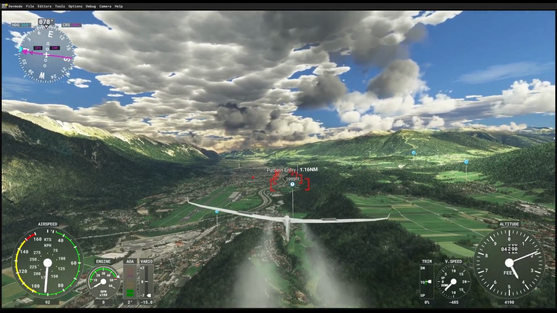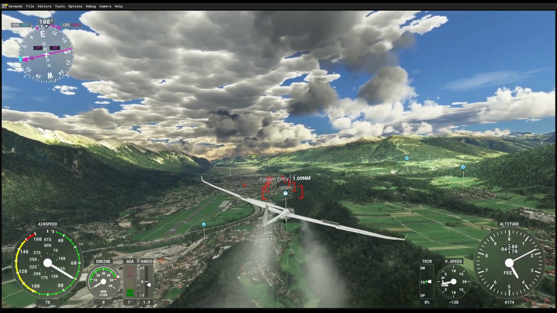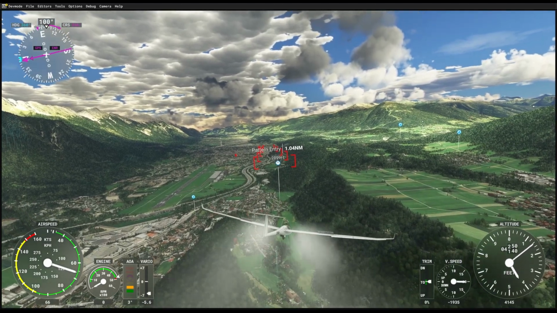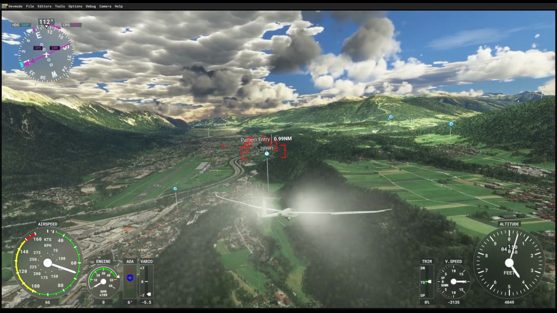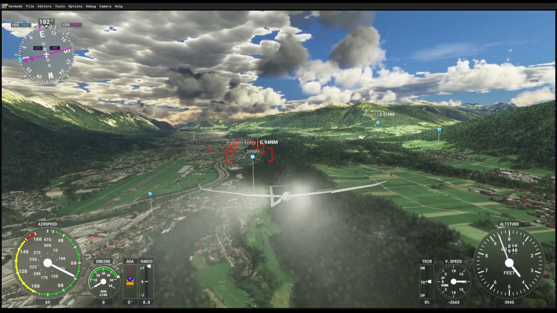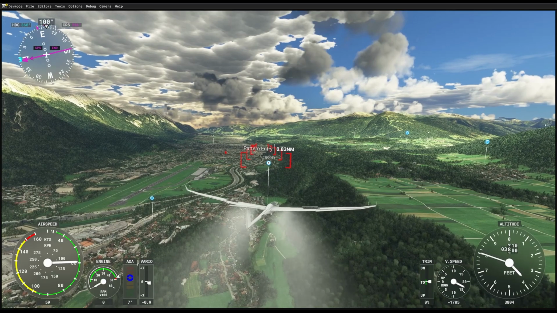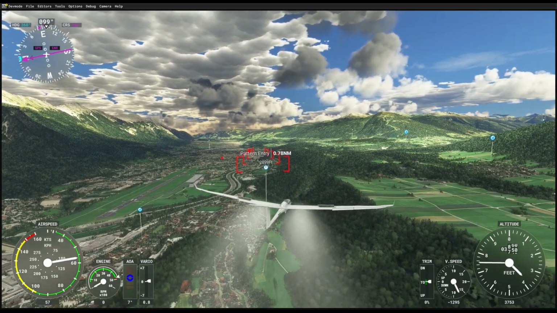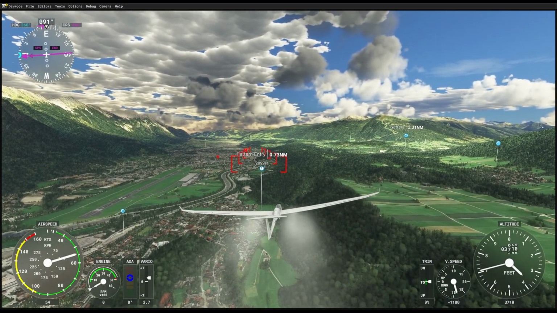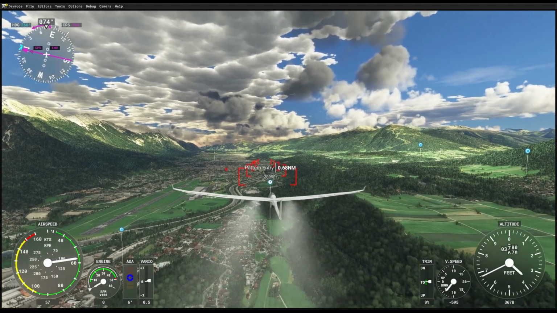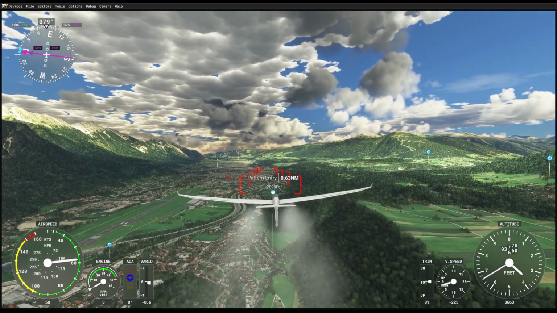As I deploy my air brakes, this will kill altitude at a much faster rate than anything else that I can do. Watch the altimeter continue to drop as I approach the entry point of the landing pattern. When I believe I've lost enough elevation, I'll straighten out and fly directly towards the airport.